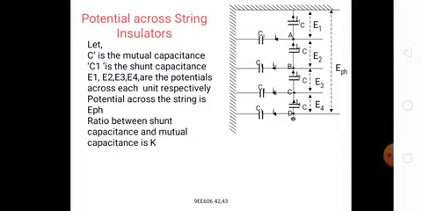The voltage across the string is E phase, and E1, E2, E3, E4 are the branch voltages, that is, the voltage across each capacitance.